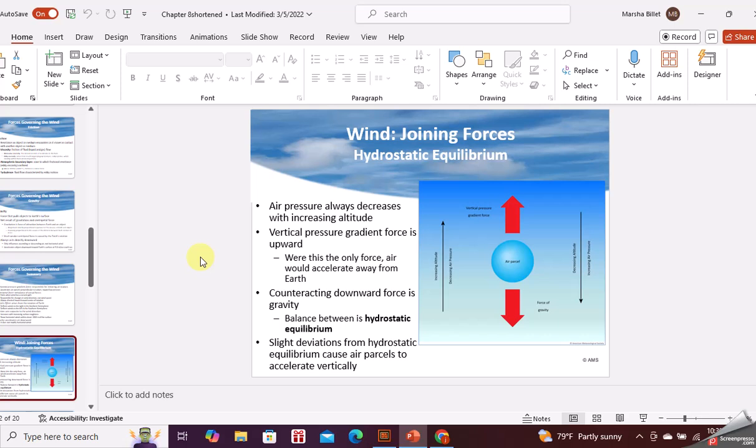So why don't all the atmosphere, all these air molecules just go flying upwards? After all, we want to get rid of low pressure, right? Lower pressure is above us. That is all because of gravity. We have what we call the hydrostatic balance. The force of gravity equals the pressure gradient in the vertical. When they match, we have a hydrostatic balance, and that is what keeps our atmosphere where it is.